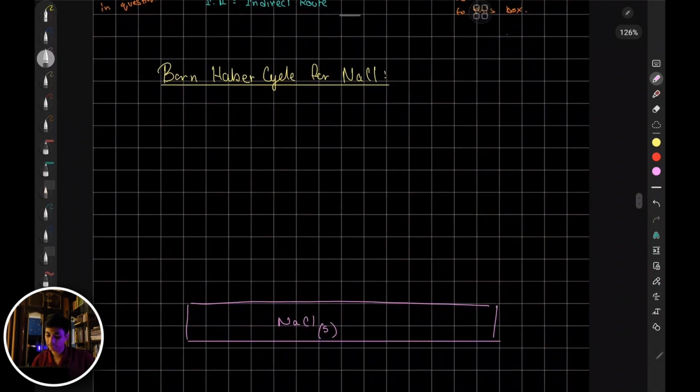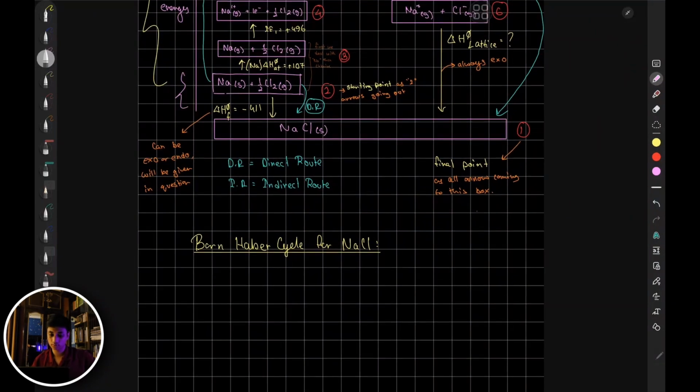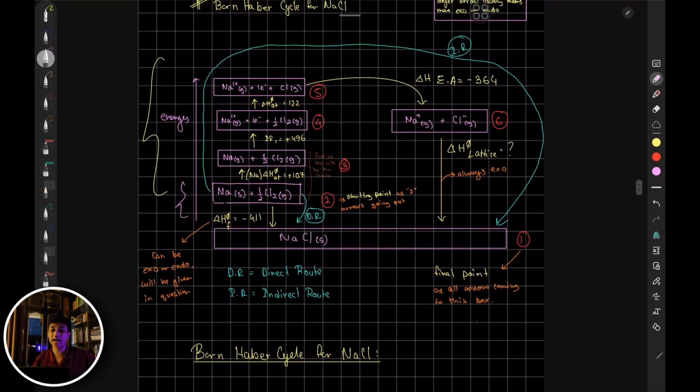and from this we can say that if we want to have the value of enthalpy change of formation, which will be given in the question, if you're asked to draw the entire Born-Haber cycle, a lot of the information, be it ionization energy, enthalpy change of atomization, electron affinity, and lattice energy, all of these values are going to be provided using the data booklet or in the question itself.